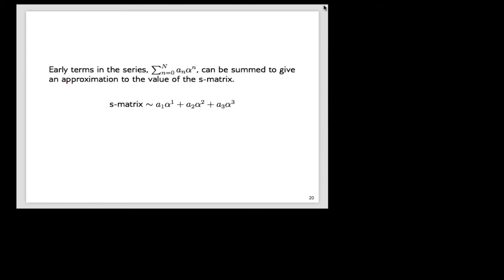So early terms in that expression can be summed up to give an approximation to the value of the S matrix. And then we can compare the resulting probabilities for scattering experiments to scattering experiments that we actually can perform and get empirical values for.